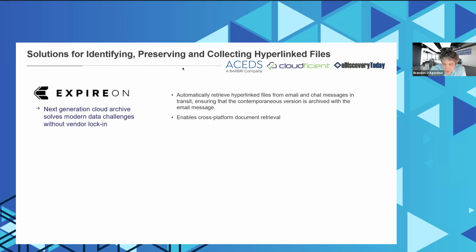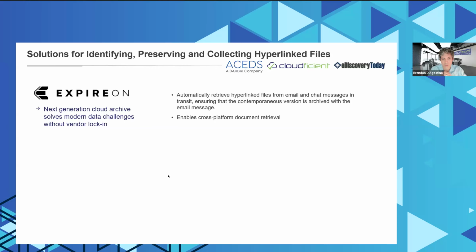And then the other thing with an archive solution that can do this and is hyperlink aware, you can support those heterogeneous environments where you might have some of that cross-platform document retrieval that you showed on the spaghetti slide with all the arrows and all the new platforms. I know there are organizations that are using both Microsoft and Google document repositories, and they have Slack, and Jira and all these other tools, right?